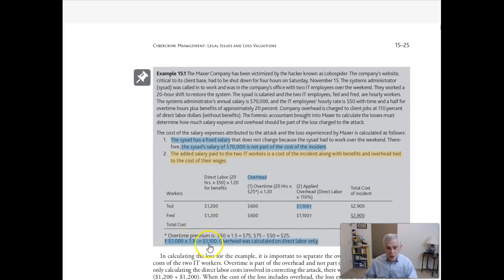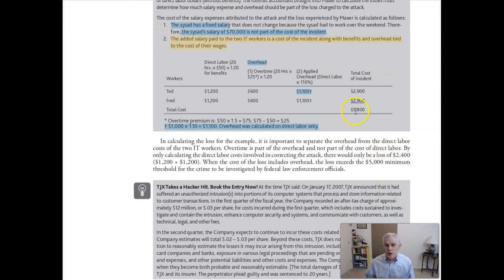So here's the computation itself. This is the direct labor, $1,000, and this is the 110%, so $1,100. So that's where this number comes from. Okay. So add this across for the 2 people who were paid wages for that weekend, and the total is $5,800. So this is a real small example here.